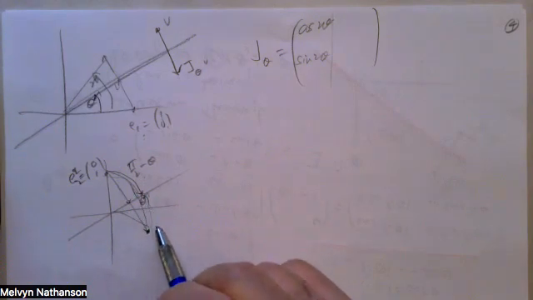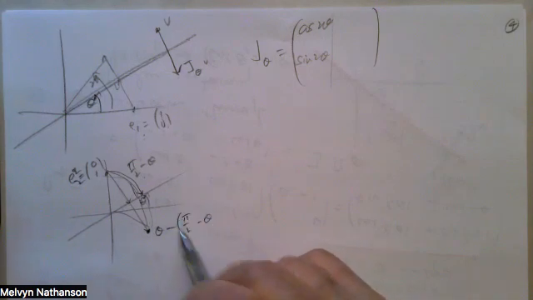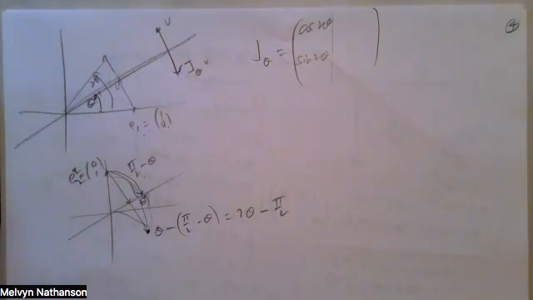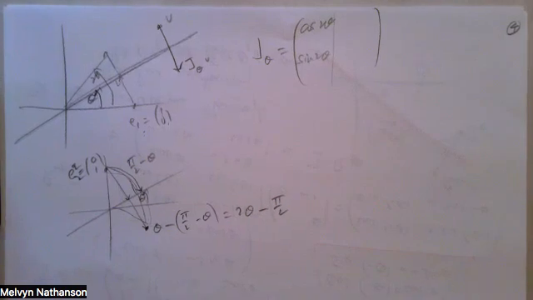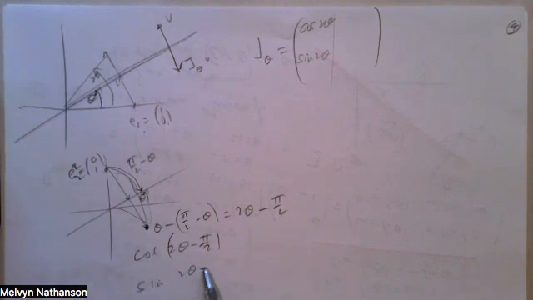So we get to the angle theta minus pi over 2 minus theta, which is 2 theta minus pi over 2. And what are the coordinates of this point? Coordinates of this point will be the cosine of 2 theta minus pi over 2 and the sine of 2 theta minus pi over 2.